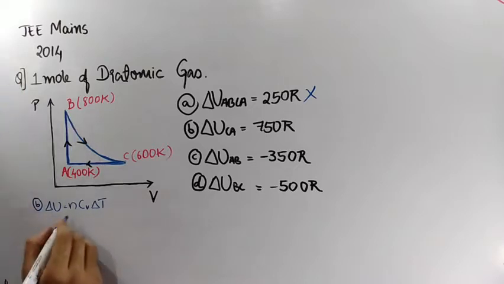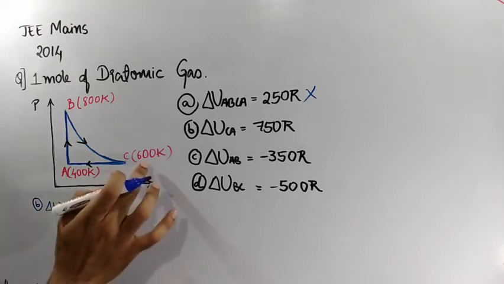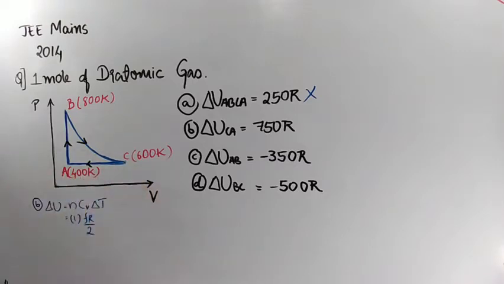N value is 1. CV is fR by 2. Delta T is 600 to 400: final temperature minus initial temperature, 400 minus 600, which is minus 200.